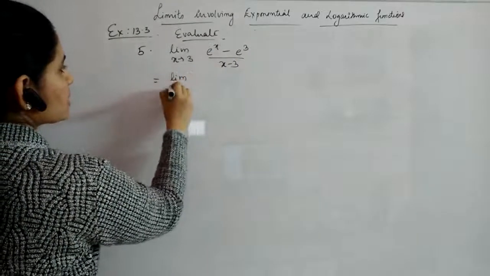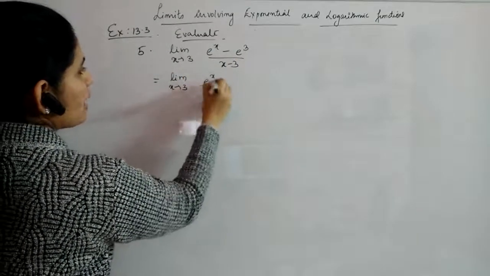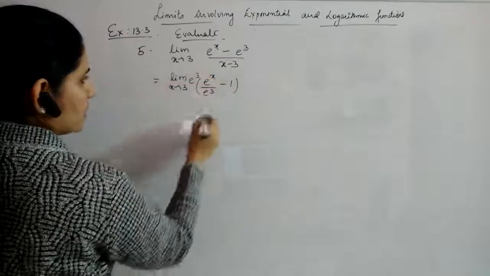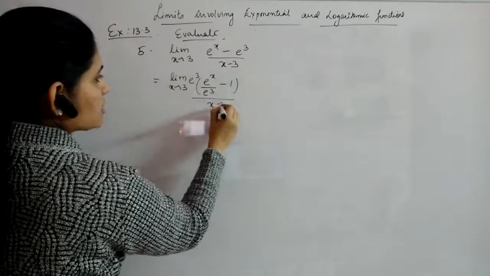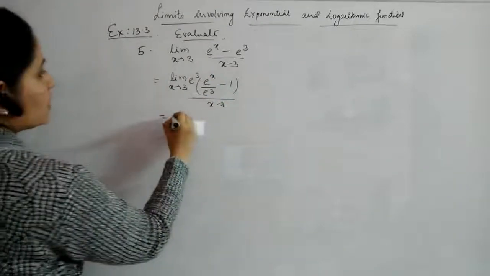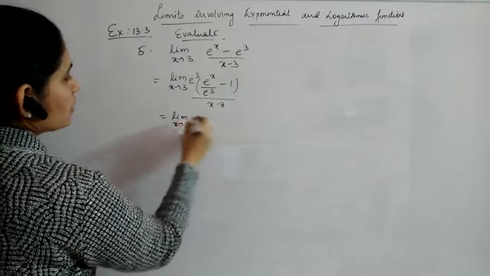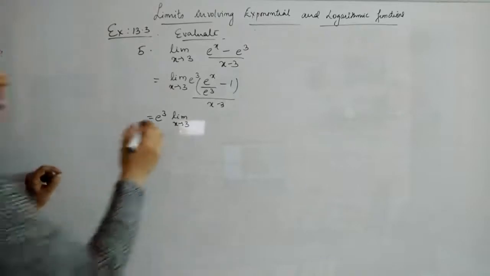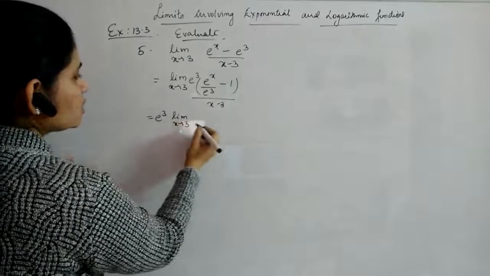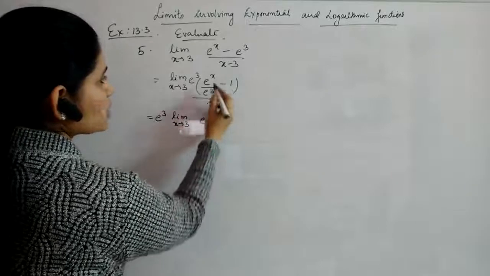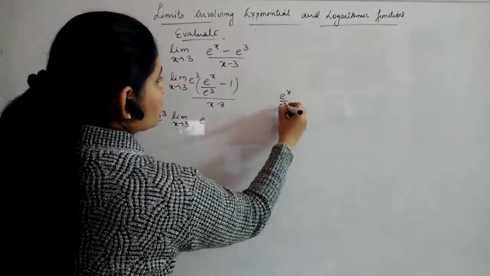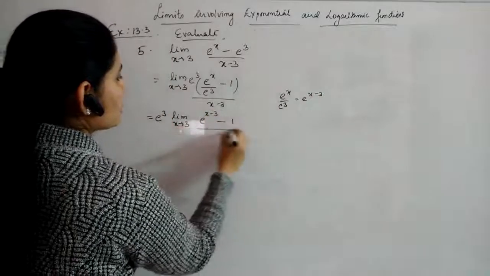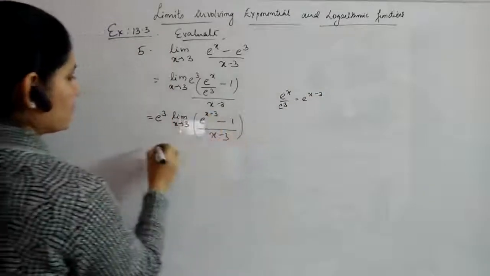So this will become limit x tends to 3, (e raised to x by e raised to 3 minus 1), taking out e raised to 3, divided by x minus 3, which is equal to limit x tends to 3, e cube can be taken out, e cube into limit x tends to 3, e raised to x by e raised to 3, which is e raised to x minus 3, minus 1, divided by x minus 3.